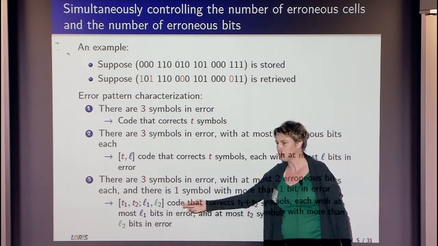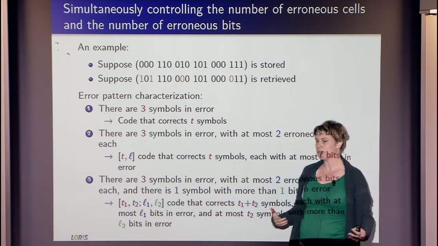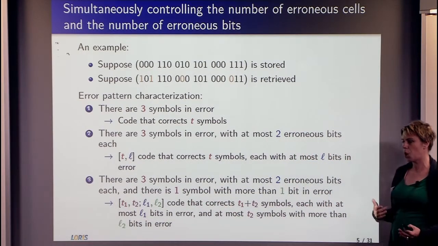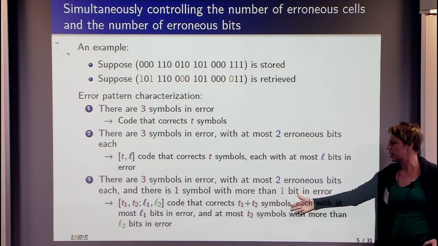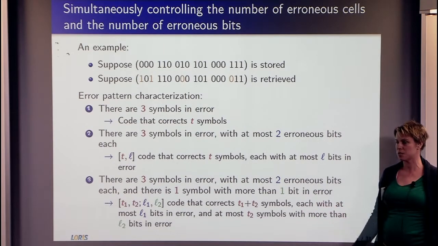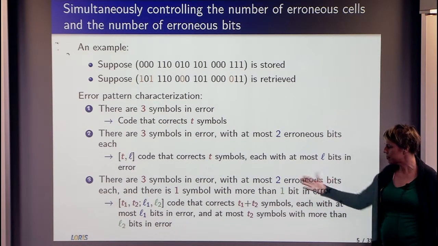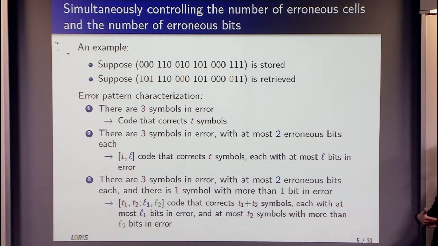In fact, it has 4 parameters. Parameters T1 and T2 will collectively guide the number of erroneous symbols that I seek to correct, and L1 and L2 will tell me how many erroneous bits per erroneous symbol I want to correct. The reason this sentence is exactly like this is actually for mathematical reasons when we built our codes.